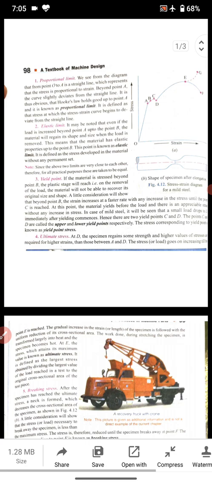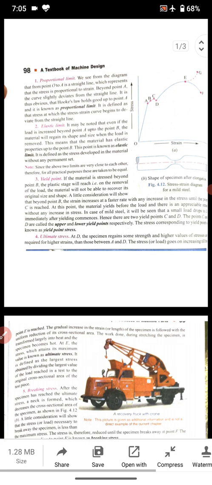and this requires higher stress corresponding to higher strain value, or vice versa also. Higher strain is corresponding to higher stress value.